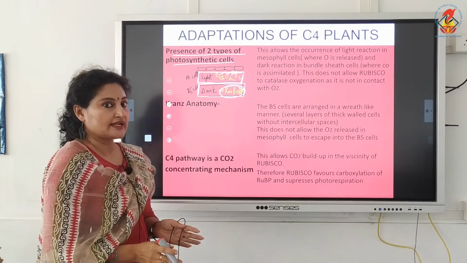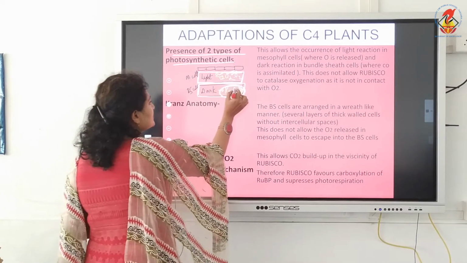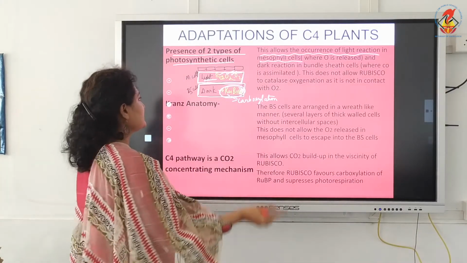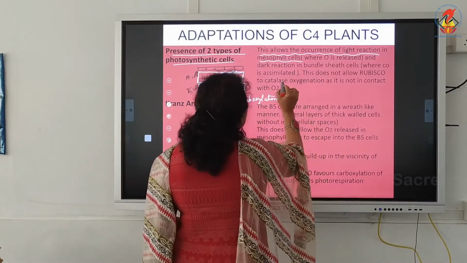Rubisco can either favor carboxylation or oxygenation, but here it will favor only carboxylation, because no chance of it to come in contact with oxygen which is emitted during light reaction. So, 2 cell types means light reaction in the mesophyll cell and dark reaction in the bundle sheath cell.